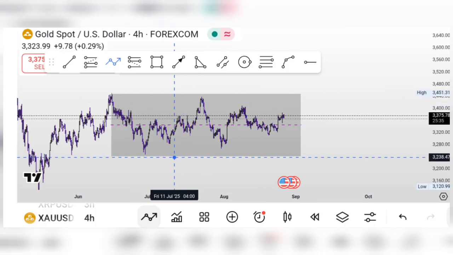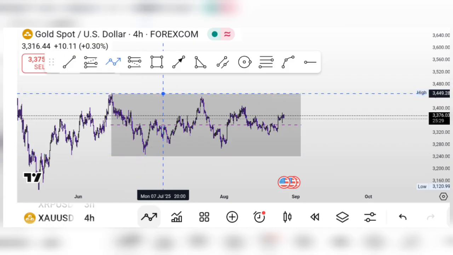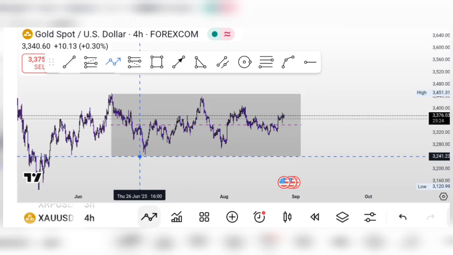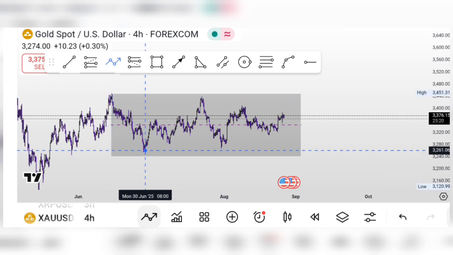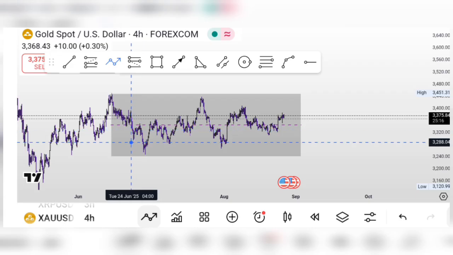Down here is our support zone. Traders that trade resistance and support, this is the best time for them to enter the market. They can sell from here if the market reaches here, and buy from support.